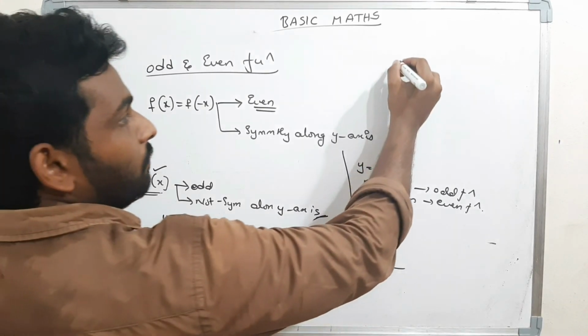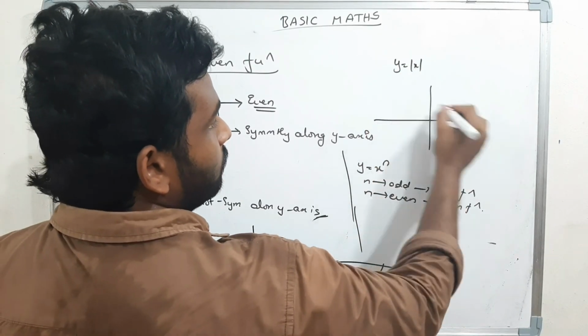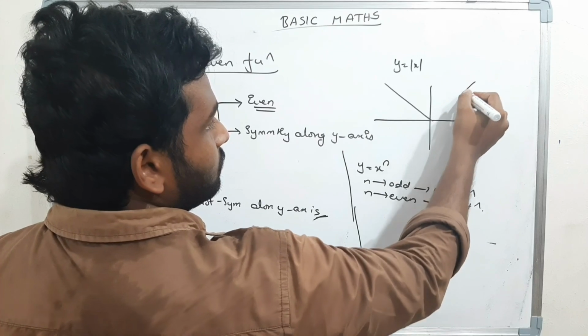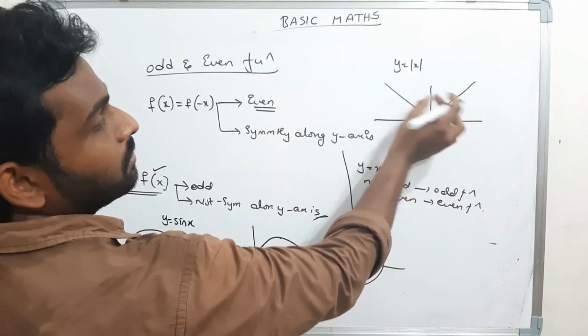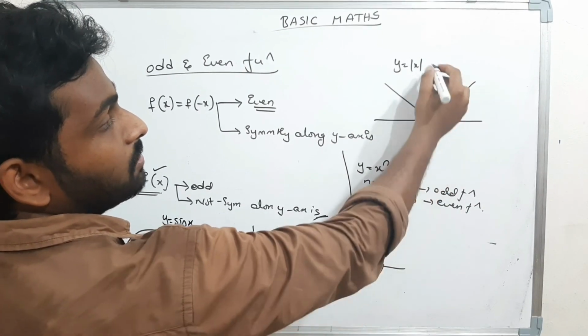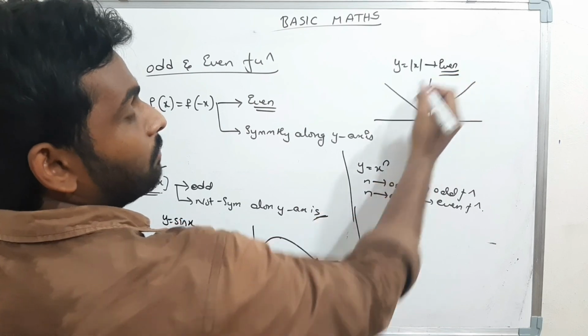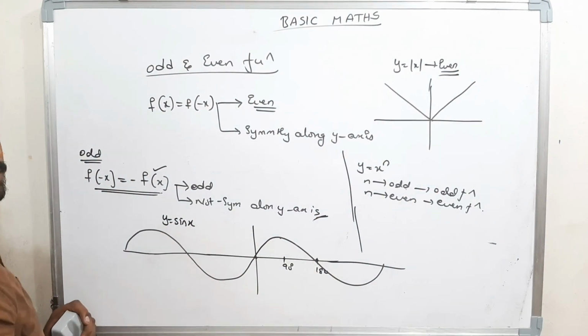If I take the y is equal to mod x graph, what is the mod x graph? The mod x graph will be like this. If I fold this, exactly this will overlap on this. This will fall on this line. That means this is overlapping. This is symmetric along the y-axis. Therefore, it is an even function. But when it comes to sine, this side graph is not overlapping on this graph.